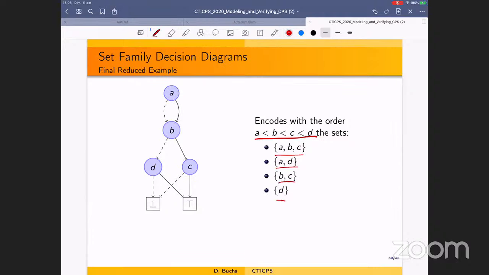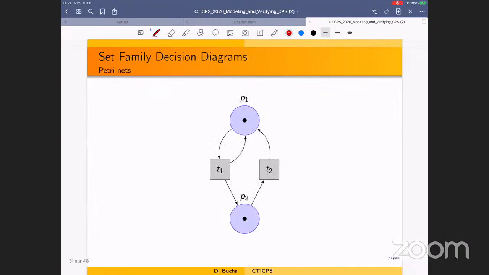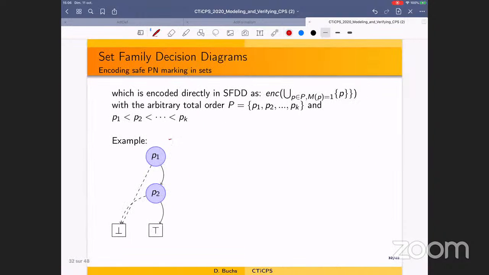This unicity of the representation is very important, because it is now possible to do operations on subparts without thinking about the context in which they are defined. So if I want to represent the state of a Petri net, such as the Petri net that I mentioned here, the initial state of this Petri net can be simply represented by this diagram.